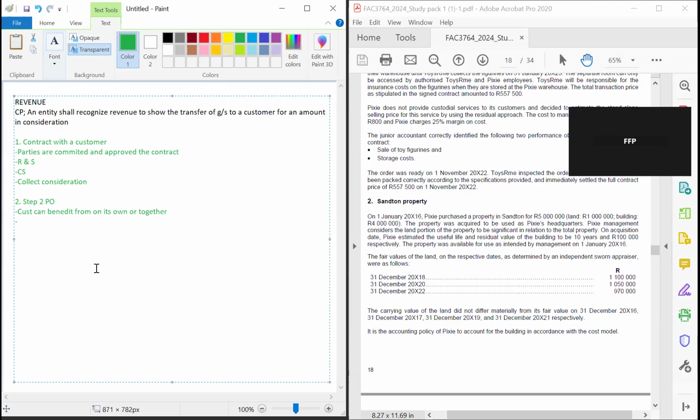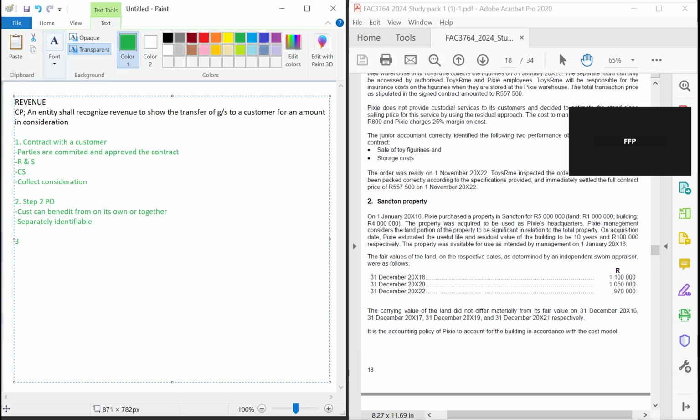Separately identifiable, right? So what do I mean by separately identifiable? Separately identifiable is something that should not be combined, it should not be modified, and should not be interdependent, right? Okay, great.